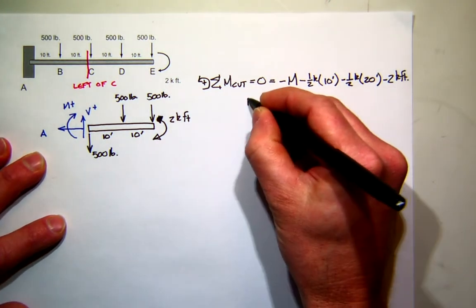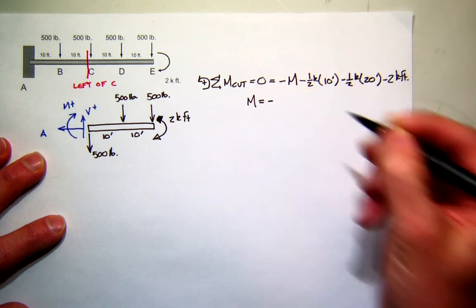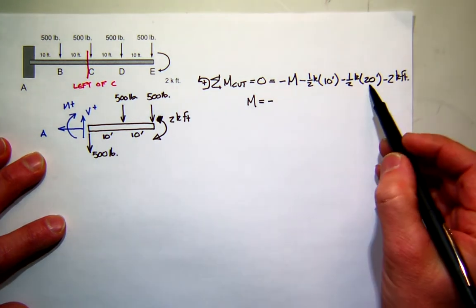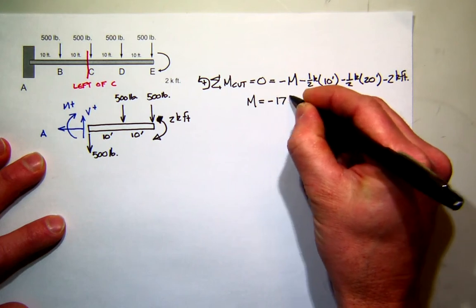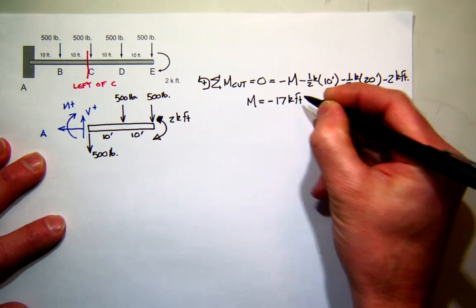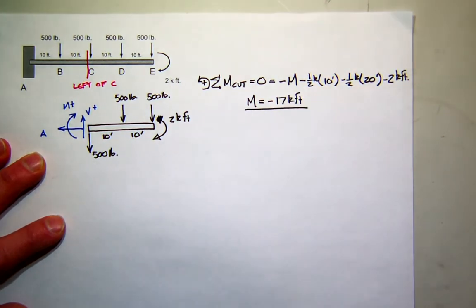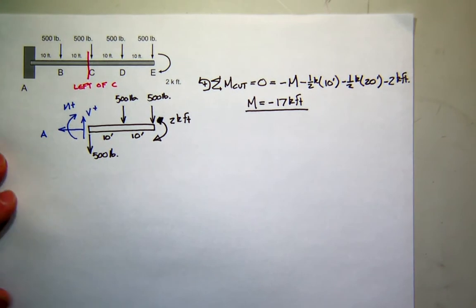So I solve for the moment. It looks like it's going to be negative. I have half of 10 is 5, half of 20 is 10, that's 15, plus 2 is 17. So that's 17 kip feet. Everybody see that? That's not so bad, is it?